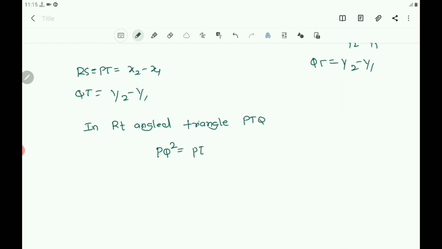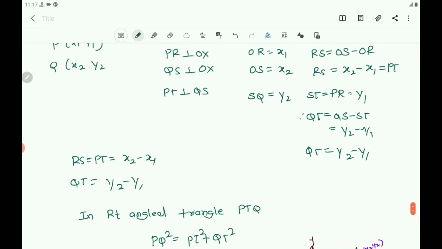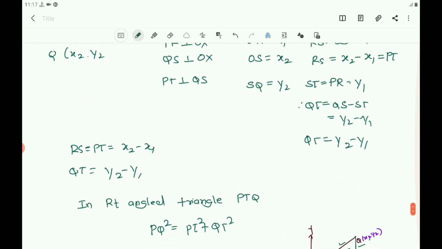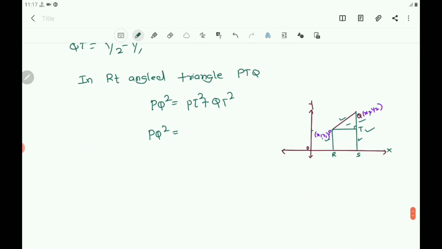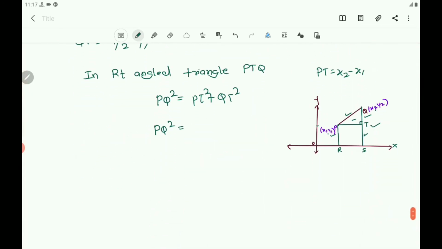PT is x2 minus x1 and QT is y2 minus y1.